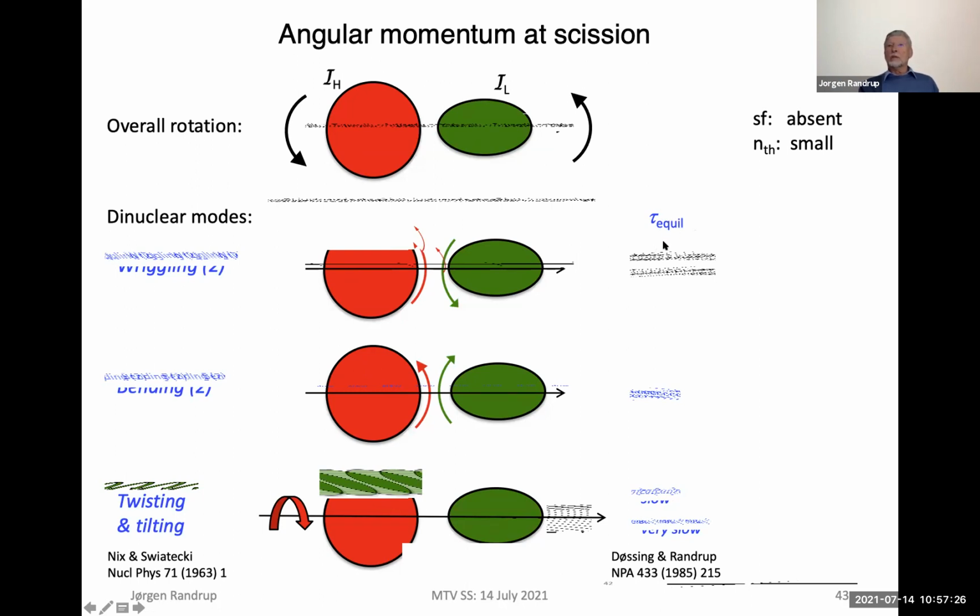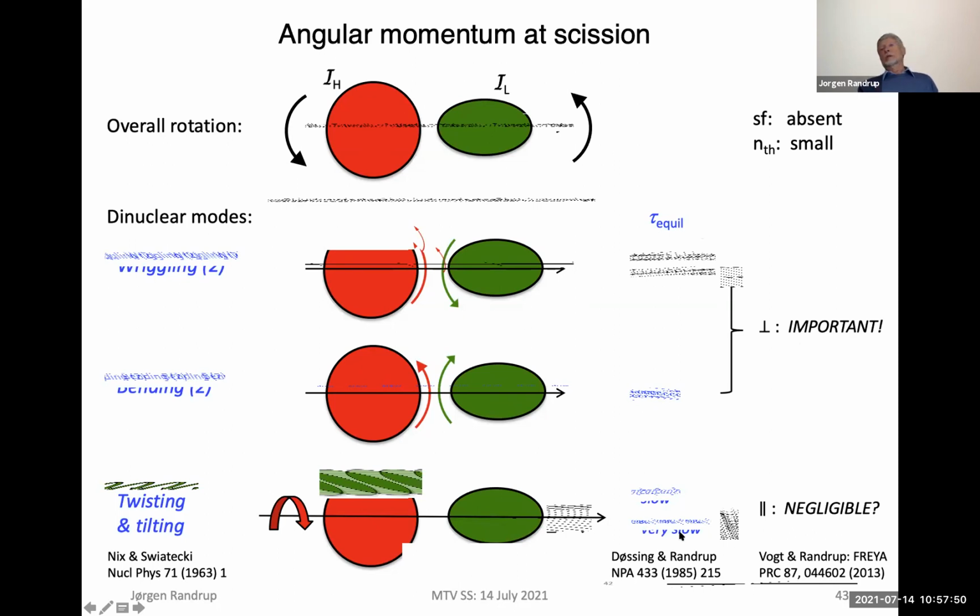It says that the wriggling is very fast and the bending is also fast. So these are probably important in fission because they will probably be populated. Whereas these two down here, one is slow and the other is very slow, so they may not be agitated very much in fission and may be negligible.